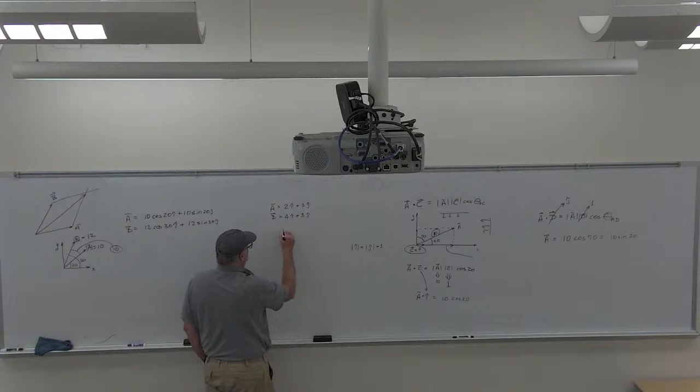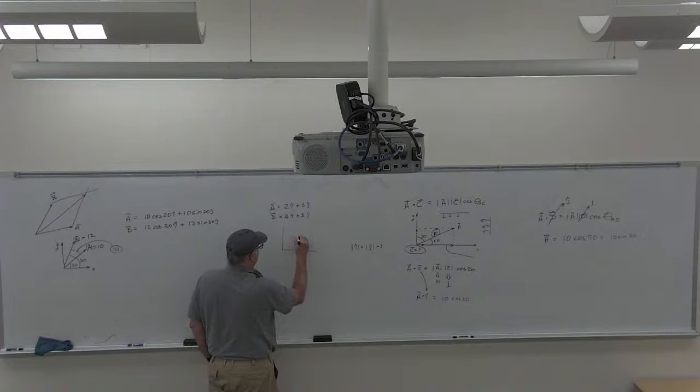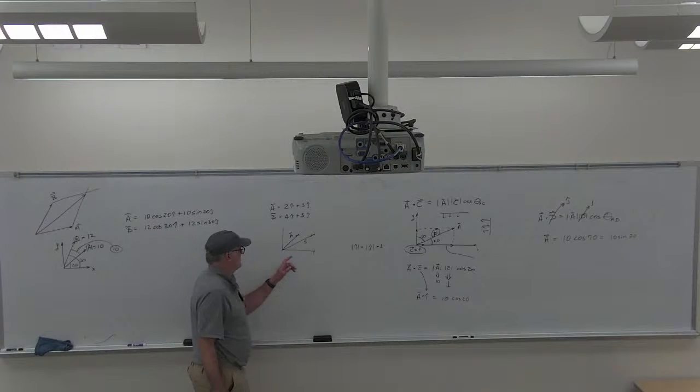So I've got two vectors here. Let's see, I'm going to try to do a decent job. Move out 2 and up 3, move out 4 and move up 3 as well. So I've got two vectors. Here's one, and here's the other. Got A, I got B. Can you look at that and tell me the angle between them?